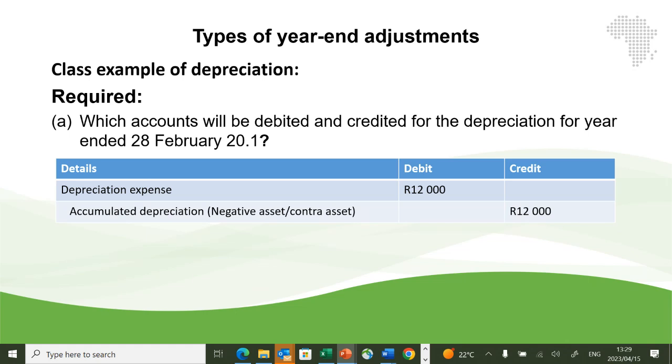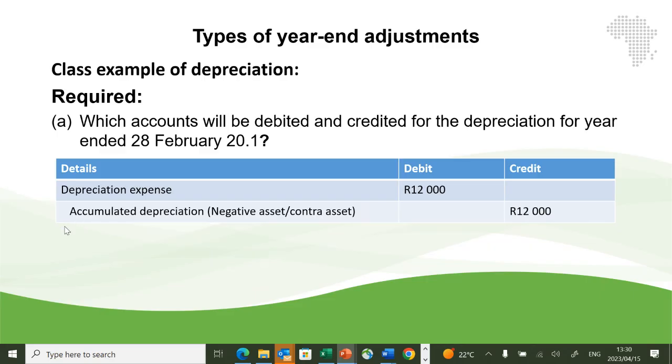So each time you debit the depreciation expense, you have to credit what? The accumulated depreciation, which is a negative asset or a contra asset. What do I mean by that? We said assets increase on the debit side and reduce on the credit side, but a negative asset will increase on the credit side and reduce on the debit side.